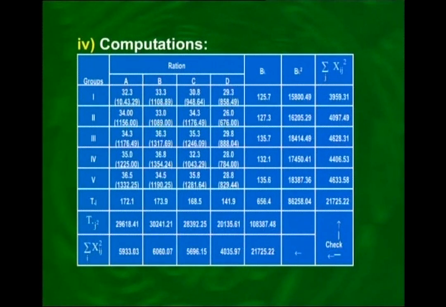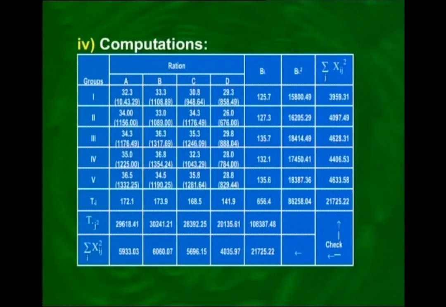Now when you will add the sums that you have already obtained, may you do it using the bottom row, may you do it using the last column, the grand total of the squares of the data values comes out to be 21725.22.